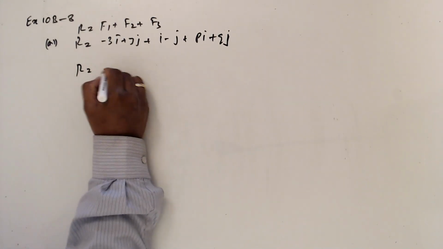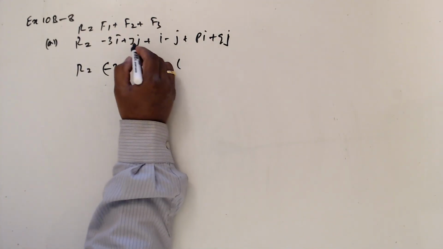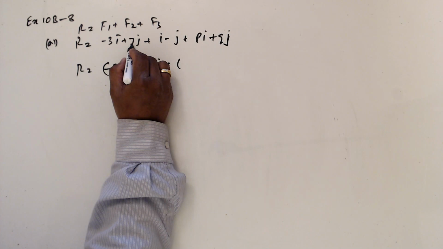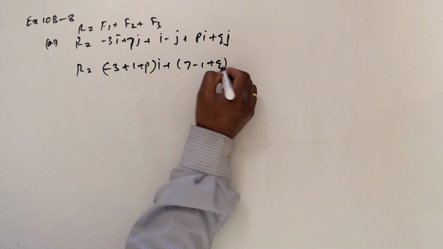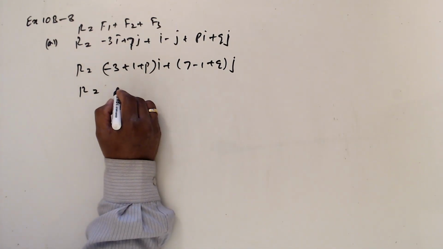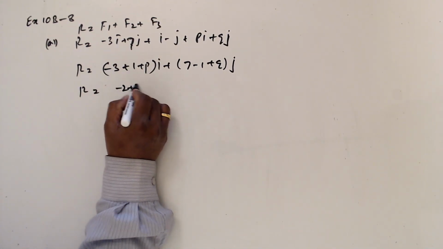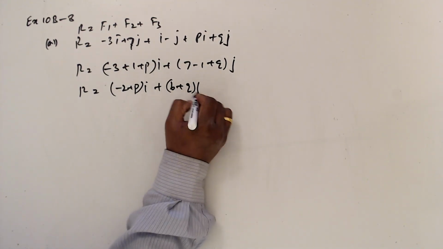So R equals minus 3 plus 1 plus P i, plus 7 minus 1 plus Q j, which is (minus 2 plus P)i plus (6 plus Q)j.